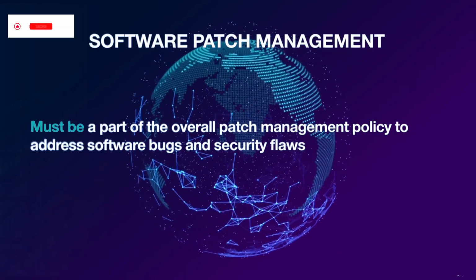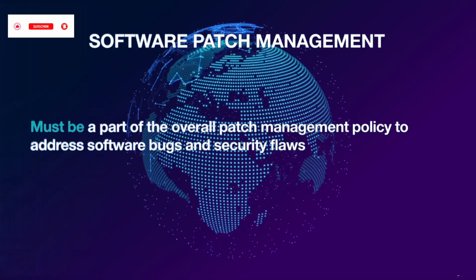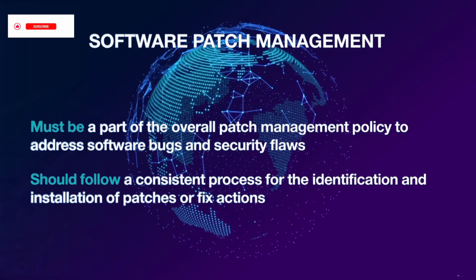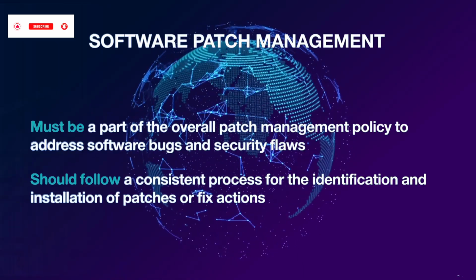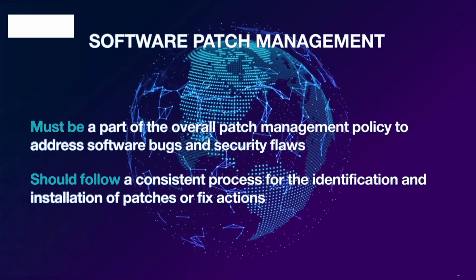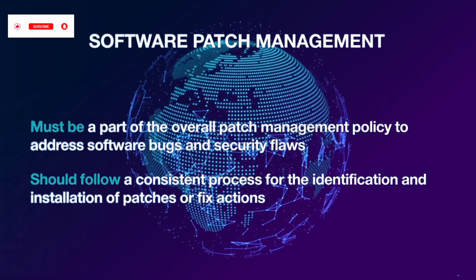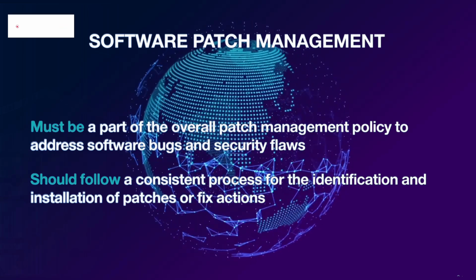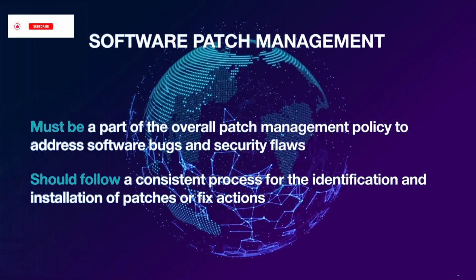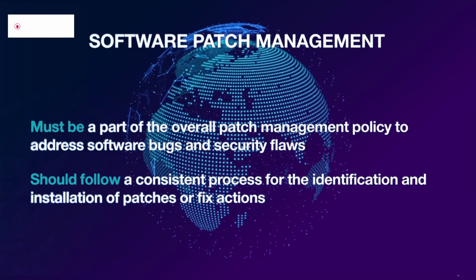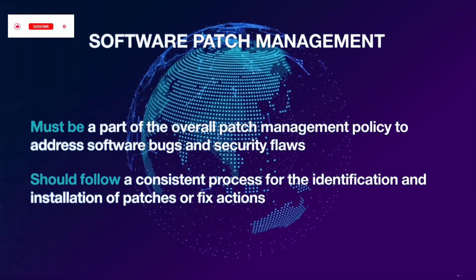We should also follow a strict and consistent process for identifying and installing these patches or fix actions. The reason this is important to be consistent is because the software application is in production, or in ops. So it's running, customers are using it, and the organization is depending upon it. And this is very important to know for the CISSP exam.